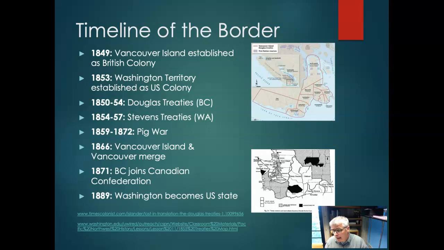In 1866, Vancouver Island and Vancouver merge, and in 1871, BC joins the Canadian Federation. Shortly thereafter, Washington becomes a U.S. state. And this lower image here shows some of the treaties: Point Elliott, Point No Point, and Medicine Creek treaties.